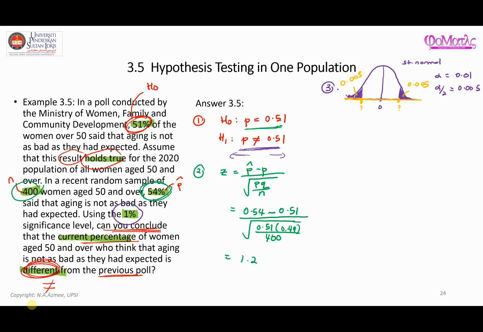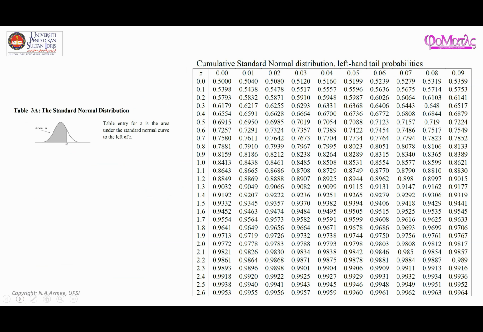Okay, so let's say we refer to the standard normal distribution table. Let's say we use table 3a. In order to use table 3a, I need to know what is the area from this point Z to the left direction. So let's go back to our sketch here. The area here is 0.005.